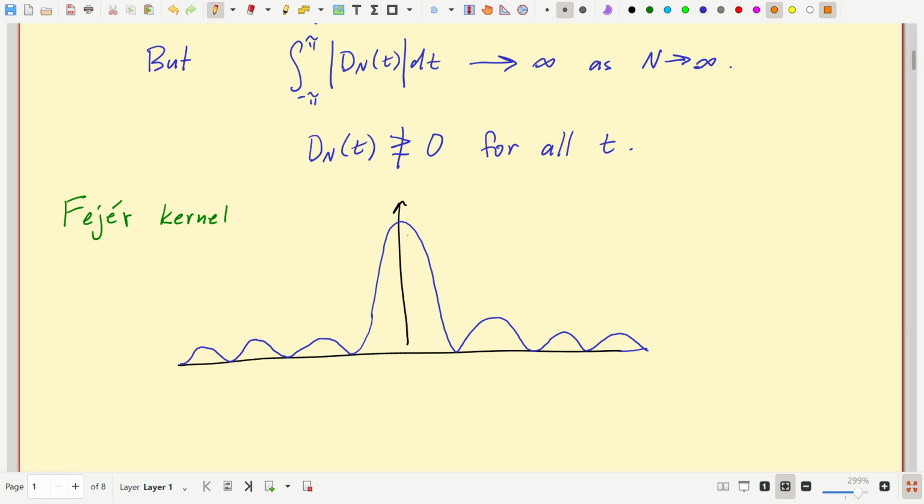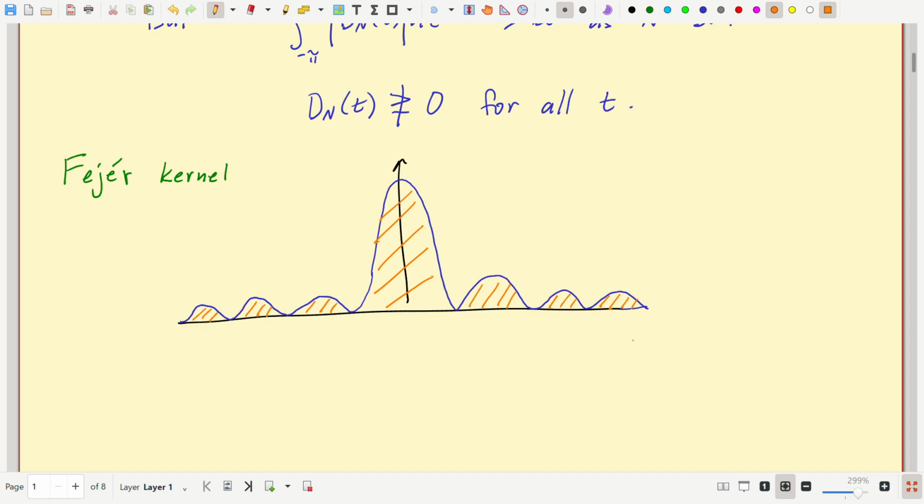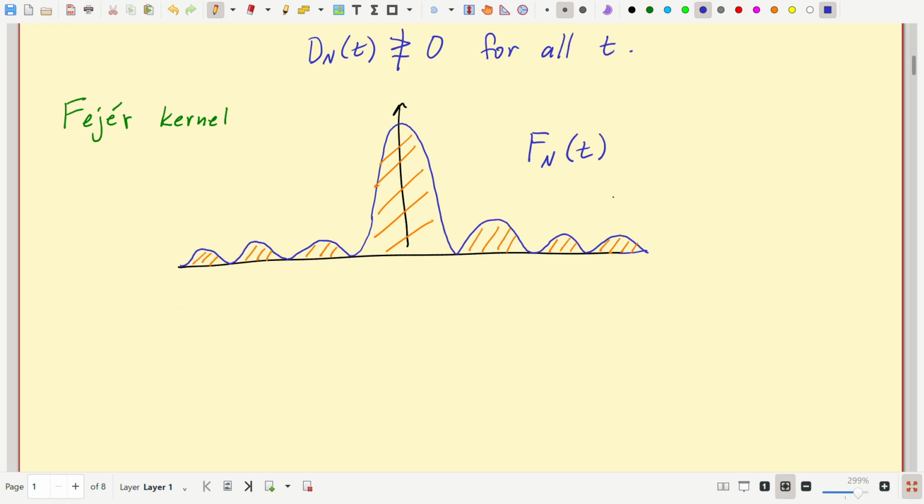It's going to be greater than or equal to 0. There'll be some zeros, that's okay. We'll call this the Fejér kernel F_n of t.